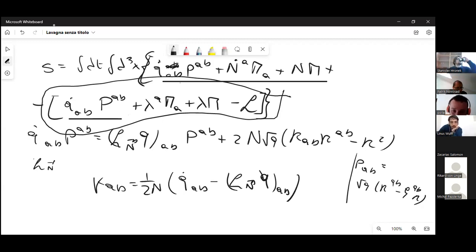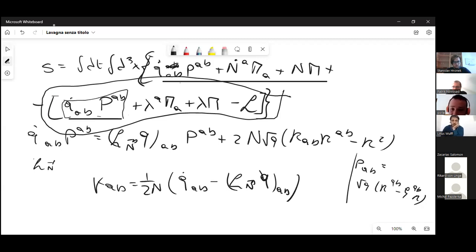It's not clear. Well, what we are doing here is that we solve this because it's not a primary constraint.